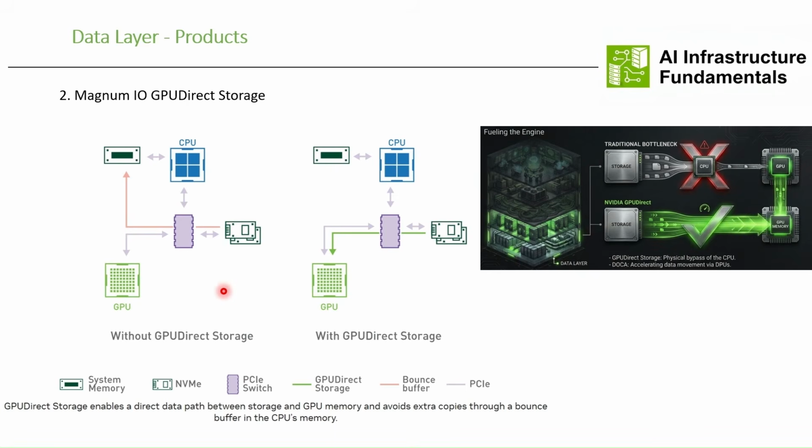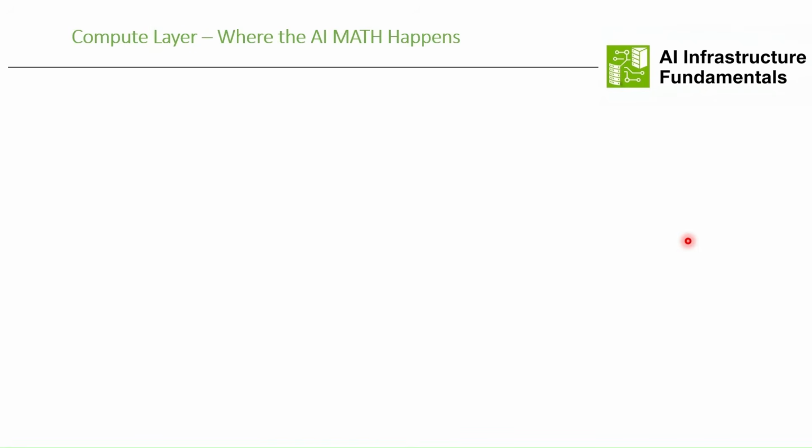The traditional bottleneck was the CPU, because there used to be a hop here, and that would reduce the speed and introduce latency. But with NVIDIA GPU Direct Storage, this has gone, and storage directly talks to GPU memory. All right, so that's the first thing, the data layer.